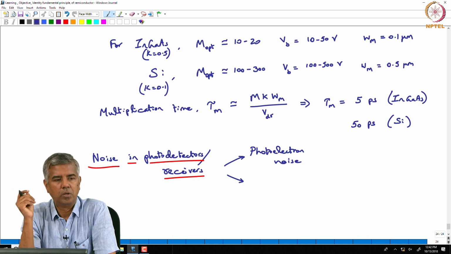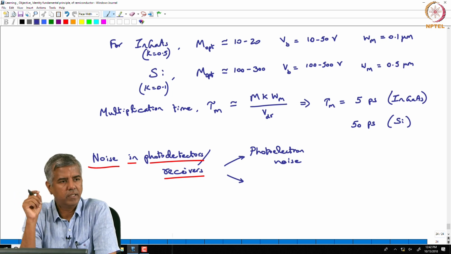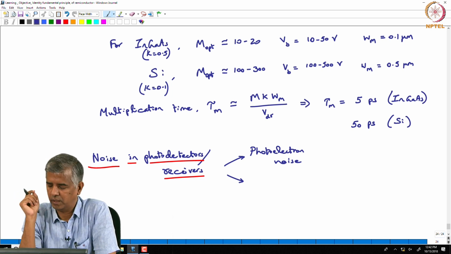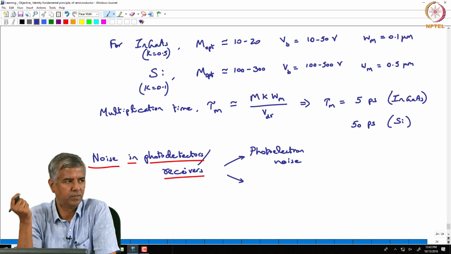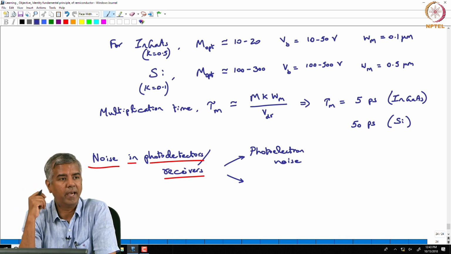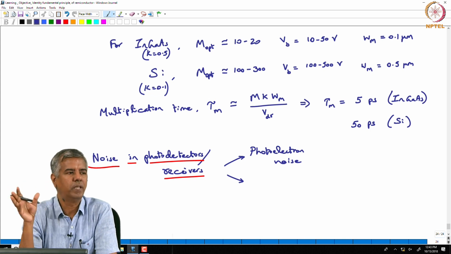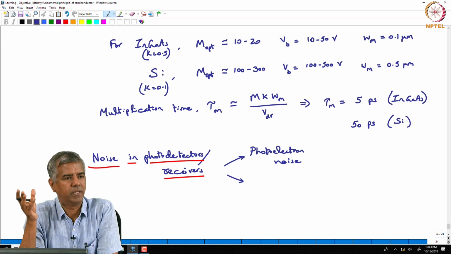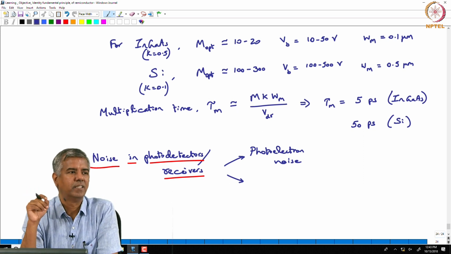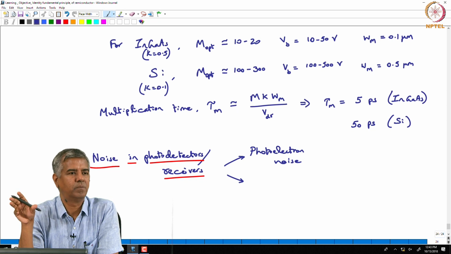But we quantified a parameter called zeta, which was the photoelectron conversion efficiency. That says that not every photon is converted to an electron hole pair. It is only on the average that so many photons are converted to electron hole pairs. When we say on the average, in real time, that means there is some random process happening.